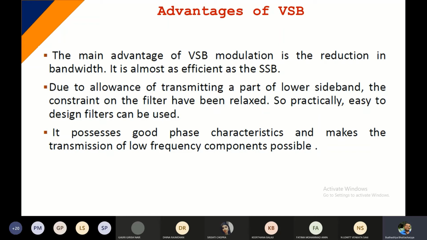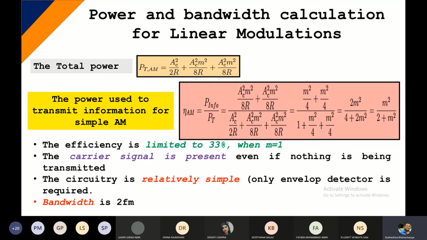Due to allowing transmission of part of the lower sideband, the constraint on the filter has been relaxed. This is the most important factor that we have to consider for VSB, that the filter designing becomes easier. So practically they are easy to design filters, and it possesses good phase characteristics, which makes the transmission of low frequency components possible. The amount of phase error that was introduced in the previous cases is significantly lowered. So this is the advantage.